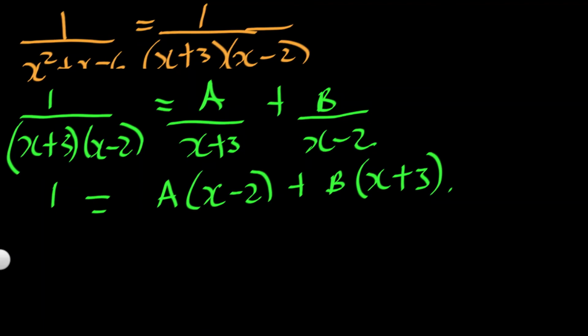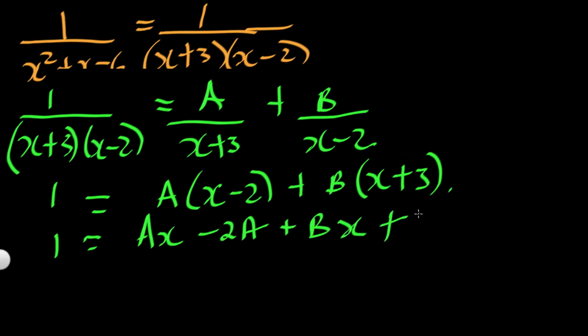This method involves expanding here. Let us expand this whole thing. If we expand here, ax minus 2a plus bx plus 3b. So this is the expansion.